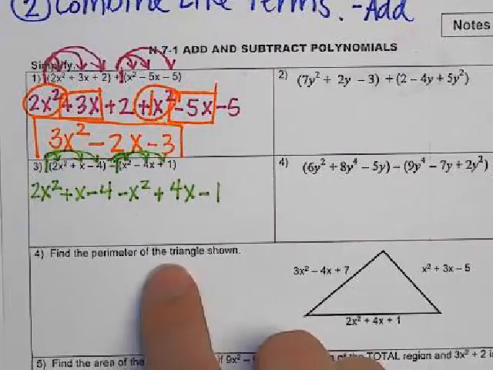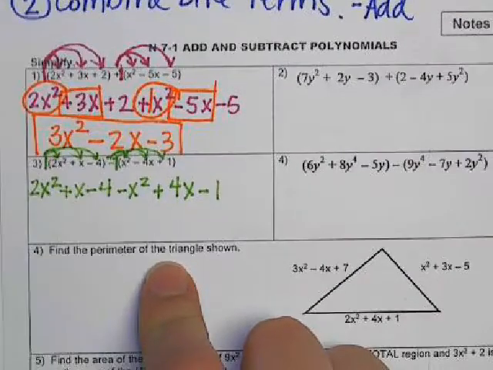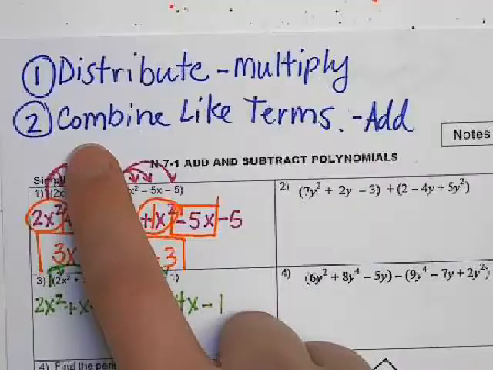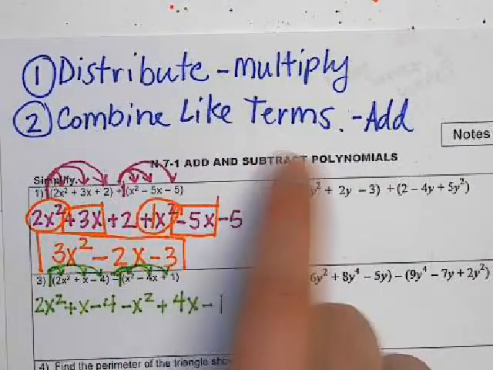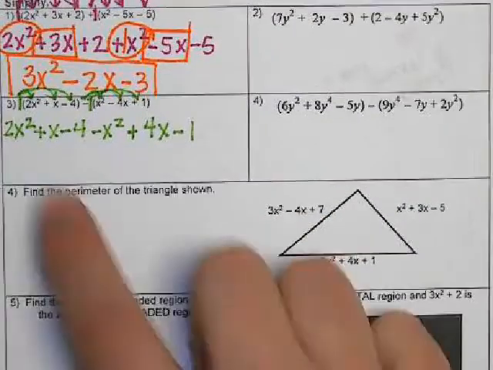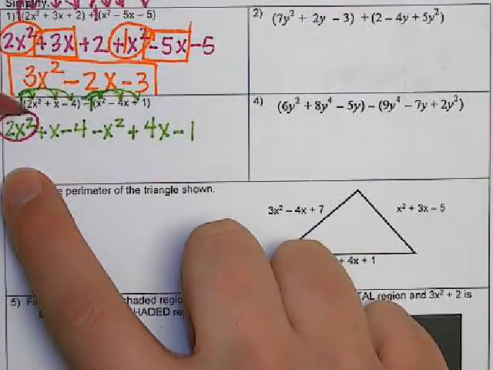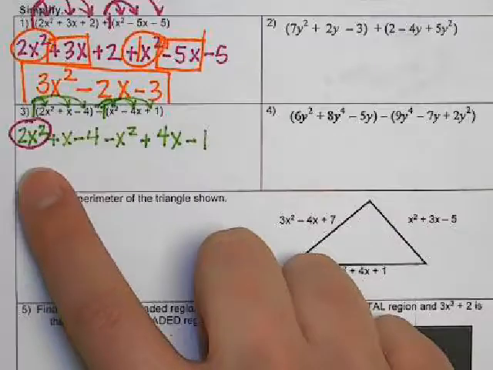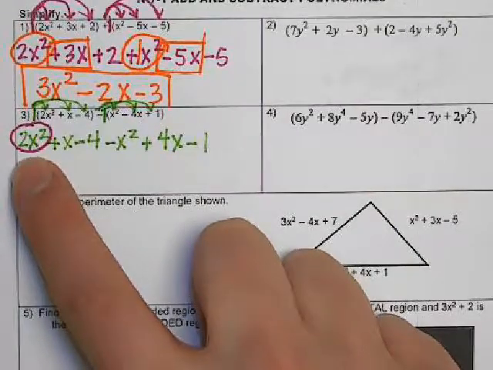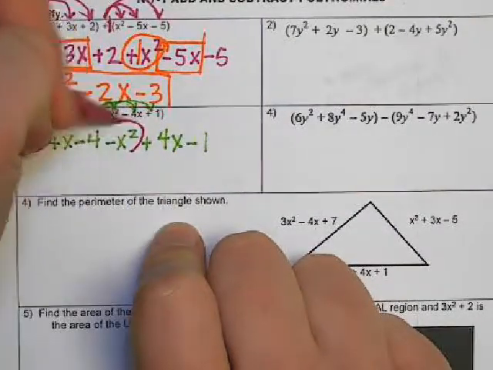Okay? Am I finished with this problem? No. Now I have to do step 2. And step 2 is combining like terms, and we're going to add. Okay. Circle your first term, 2x squared. What's like terms with 2x squared? Negative x squared.